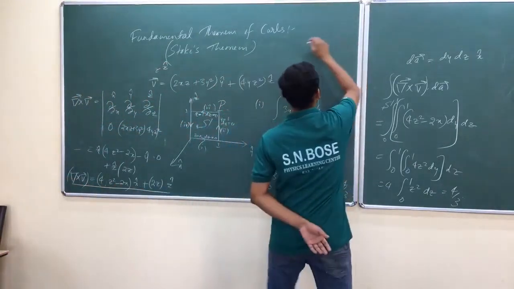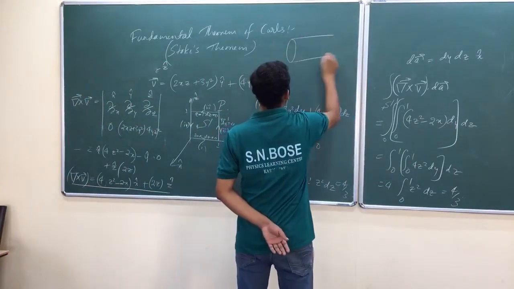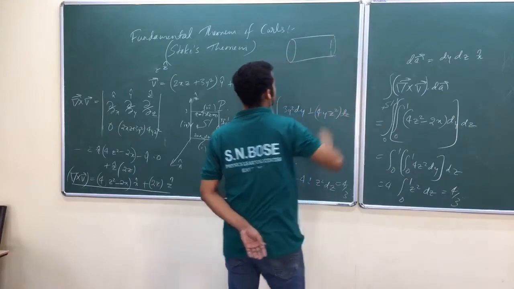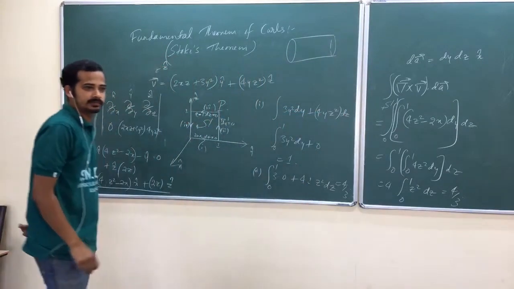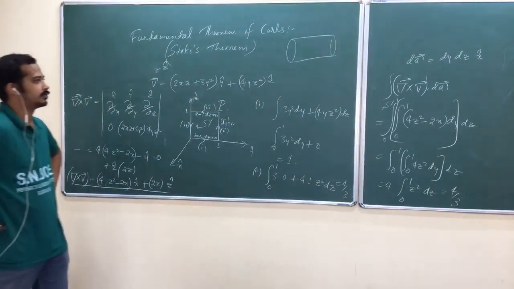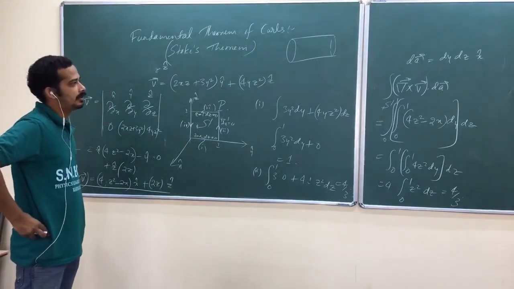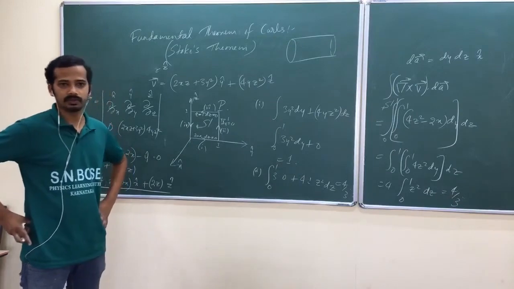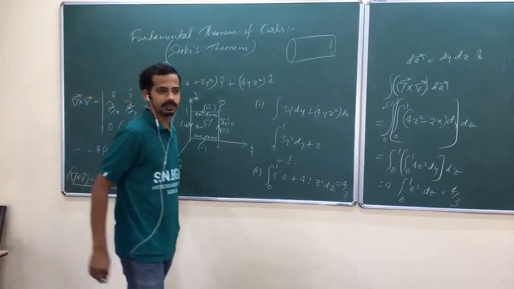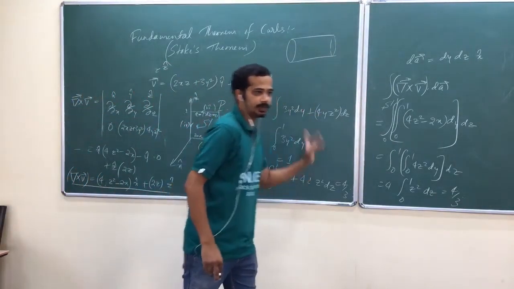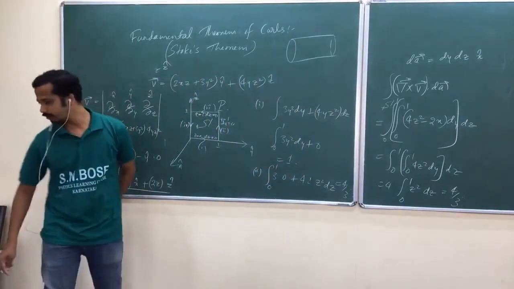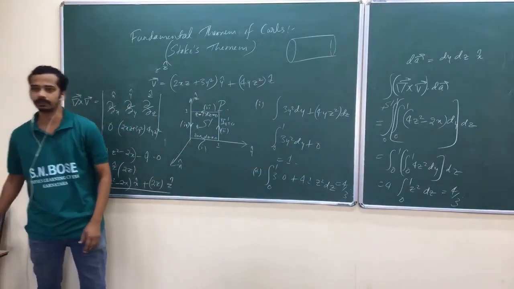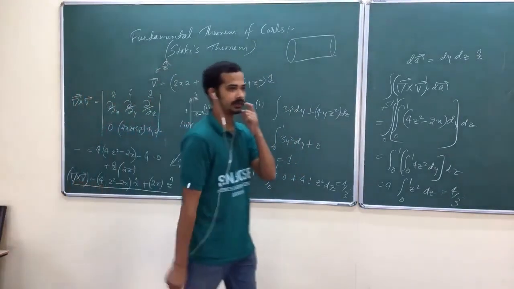Okay, are you getting my point? Suppose I have a cylinder like this. Now what will you do? I think somewhere we had less physical interpretation. That is the problem, isn't it? I have just taken a mathematical part here. Just read out his interpretation. You may get some idea how to choose the surface.